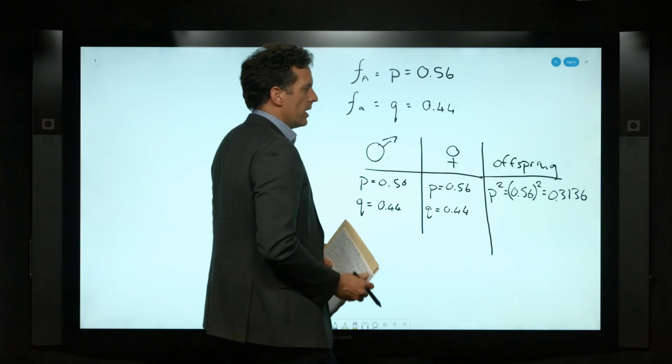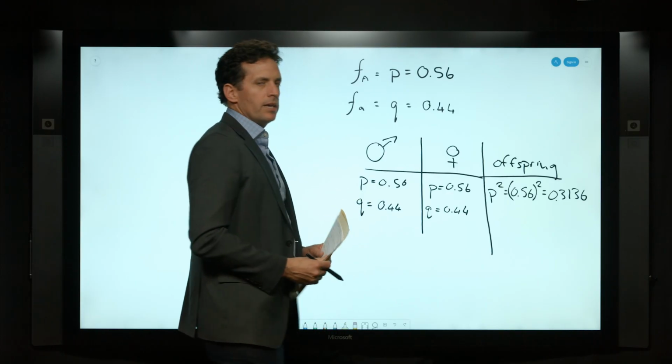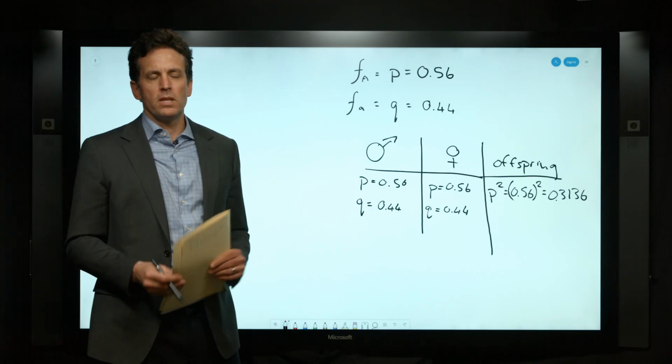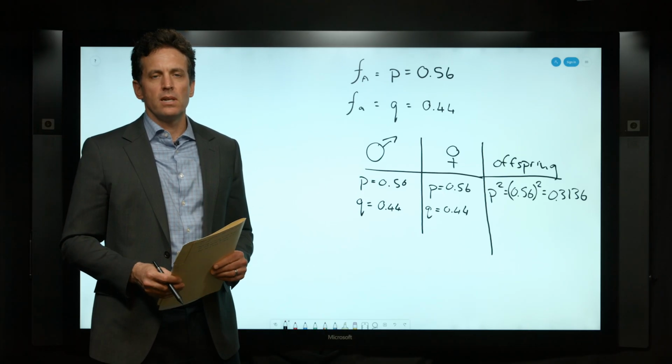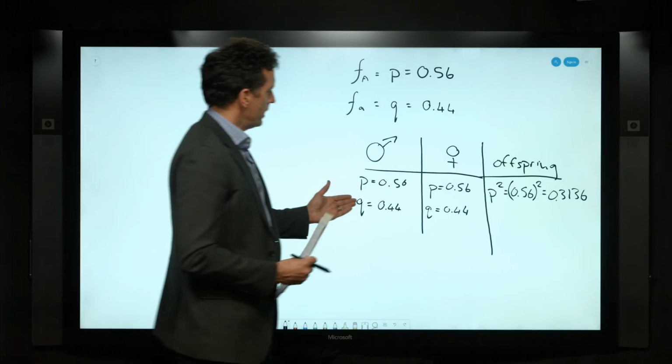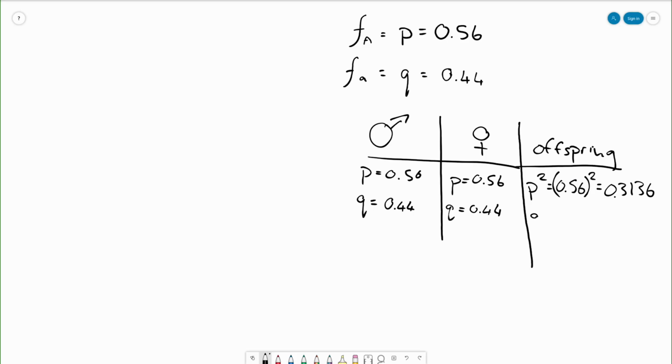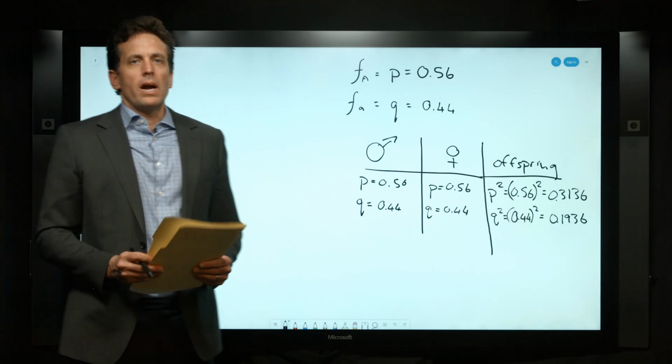And so when we think about the offspring, the probability that an offspring formed from the current generation is going to be homozygous for the little a allele is simply the product, which is Q squared, which is 0.44 squared, which is equal to 0.1936. All right.